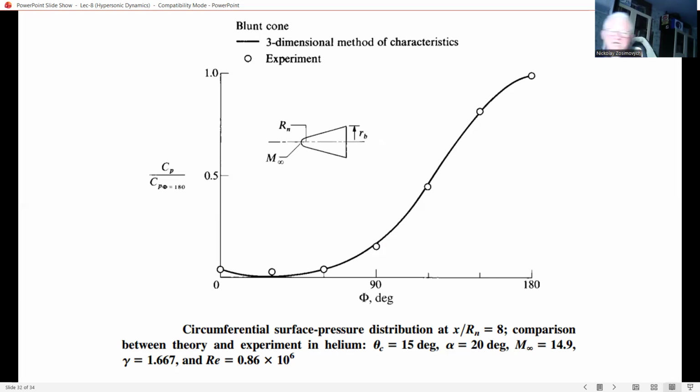Unlike the previous data, this slide pertains to hypersonic flow of helium, which has a different gamma, 1.667, at a Mach number near 15, 14.9. Once again, excellent agreement between experiment and the three-dimensional method of characteristics is obtained.